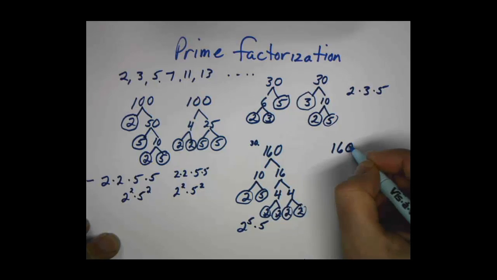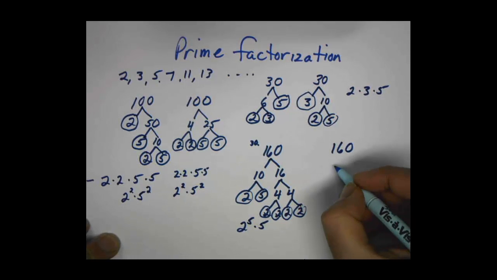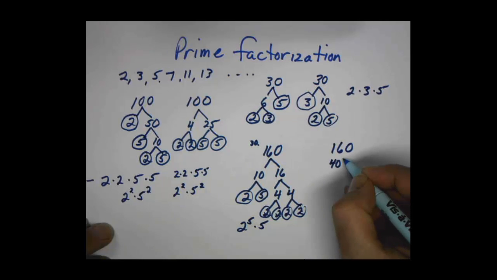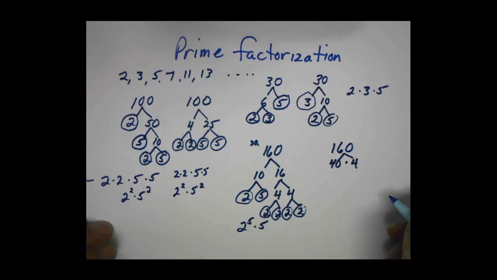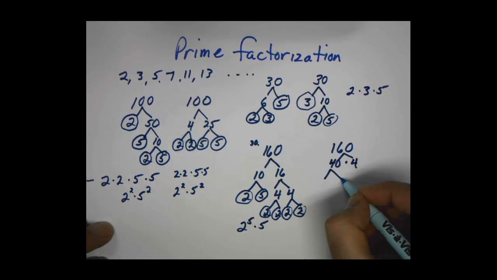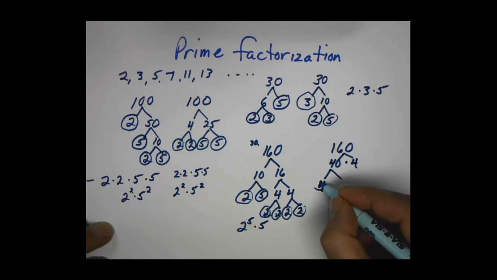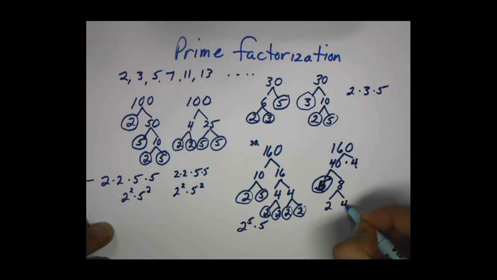We could also do it a different way. Say we did 40 times 4. Okay, 40 is composite, therefore it gets a branch. How about 5 and 8? Different way to do that. 5 and 8, 5's prime, 8's not. 2 times 4, 2 is, 4 is not.